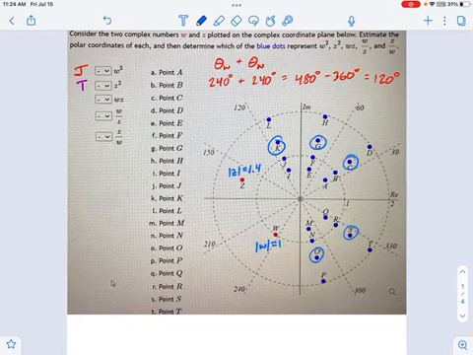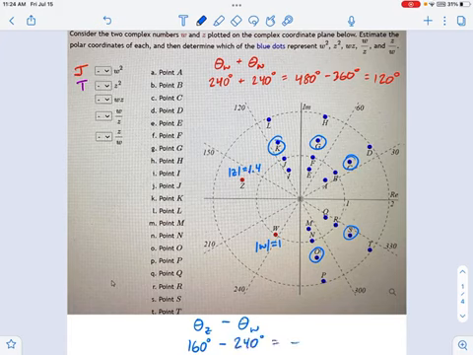The question is, and this is how we're going to determine the final answer, what happens to the angle as you divide Z by W? Well, here's what you get. You get theta Z minus theta W. In other words, something like 160 degrees minus something that looks like 240 degrees.